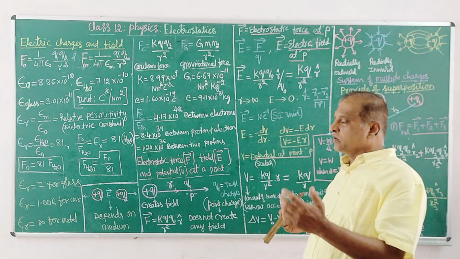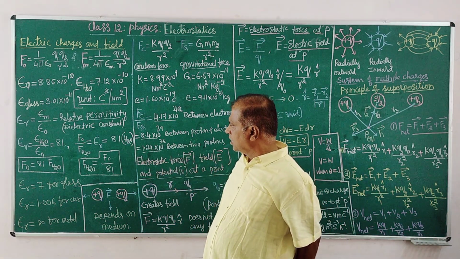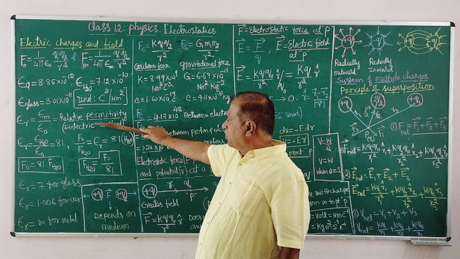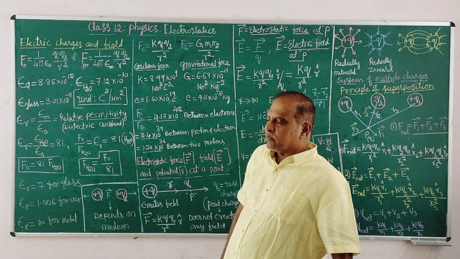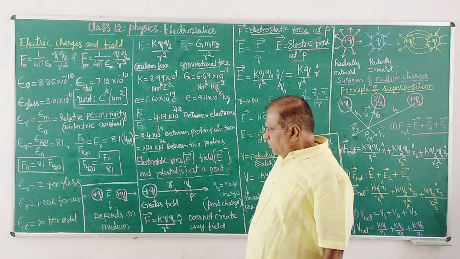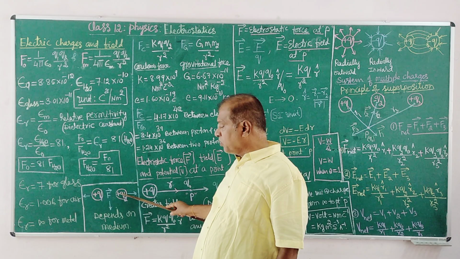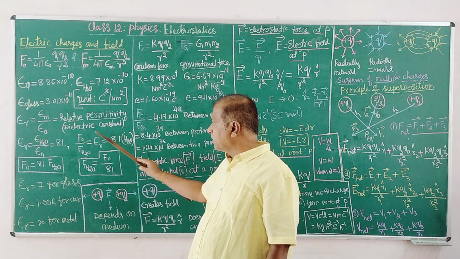Insulators have less and conductors have more. On the basis of this, you understand the meaning of relative permittivity. What is meant by relative permittivity? It is how much the electric force is reduced. How many times the electric force is reduced is called the relative permittivity or dielectric constant.